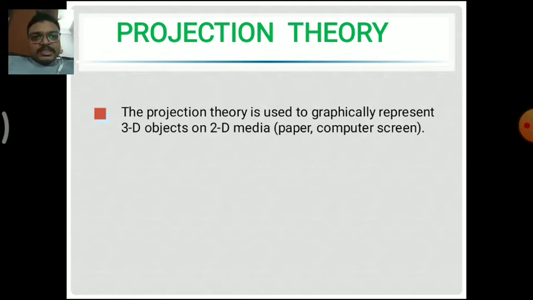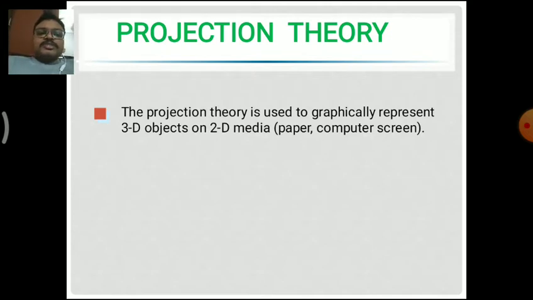2D media means paper, on which we draw on a graphical sheet or drawing chart. The next one is the computer screen. We have earlier discussed the different types of drawing: computer drawing, instrumented drawing and freehand drawing.